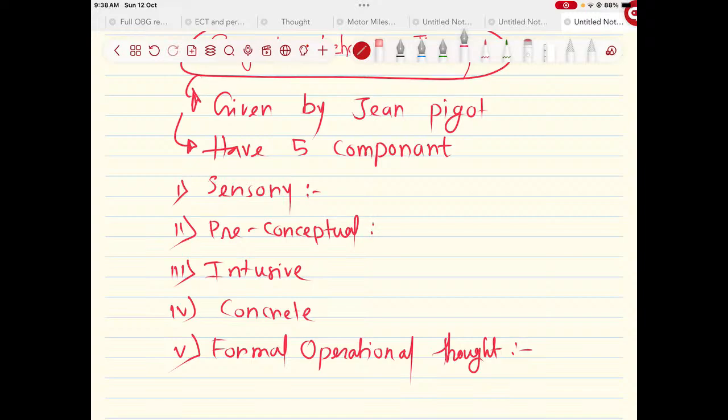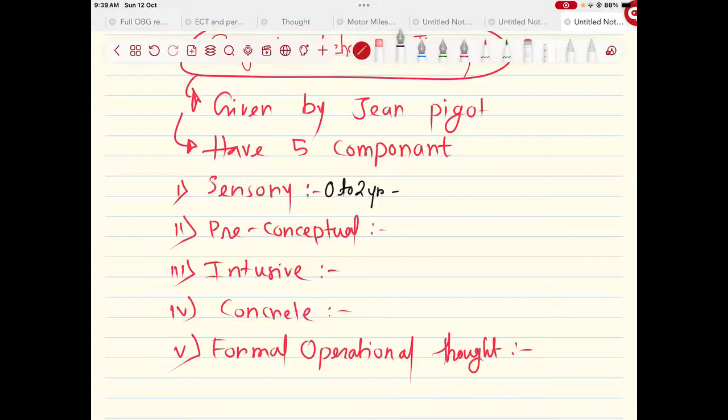So first is sensory, then pre-conceptual, intuitive, and the concrete. The sensory stage is 0 to 2 years. In 0 to 2 years, sensory perception happens.